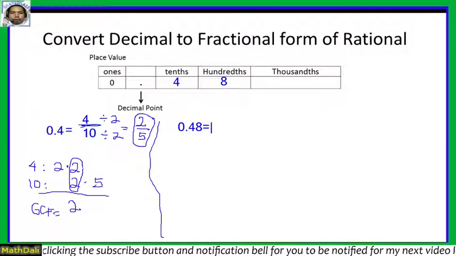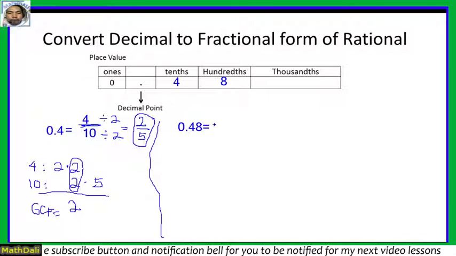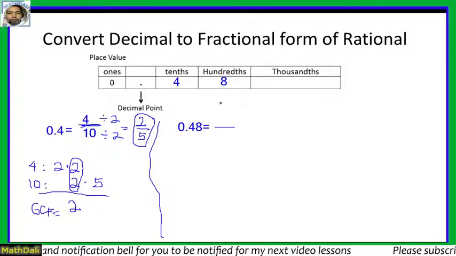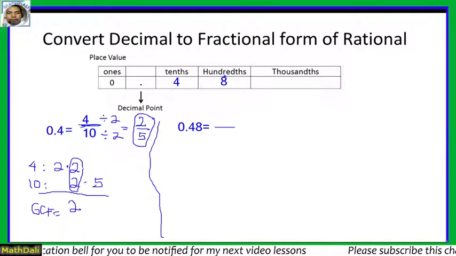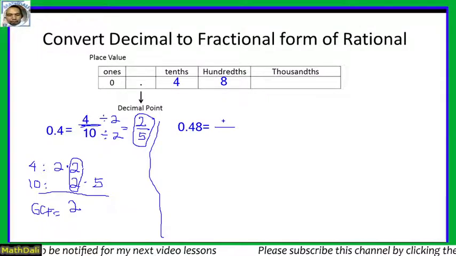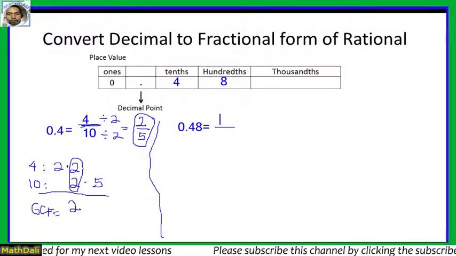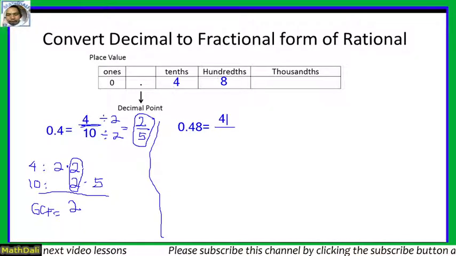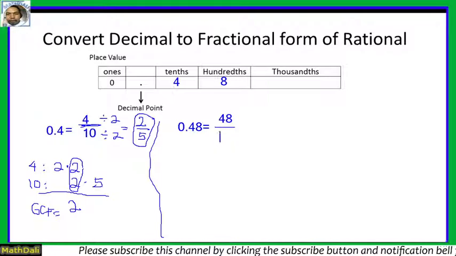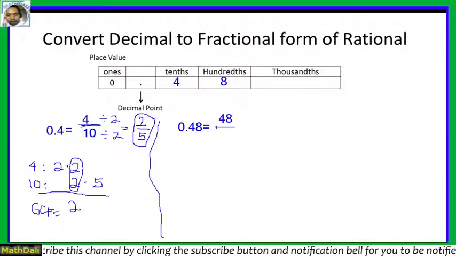In fractional form, that will be yan, terminating decimal to. So, ang ating place value dito ay hundredths. So, ang denominator natin ay 100. Lagay natin dito sa taas yung decimal natin, that is 48. And sa baba, yung ating denominator ay 100 kasi ang place value natin dito ay hundredths.